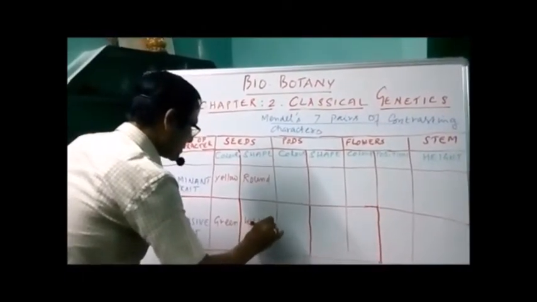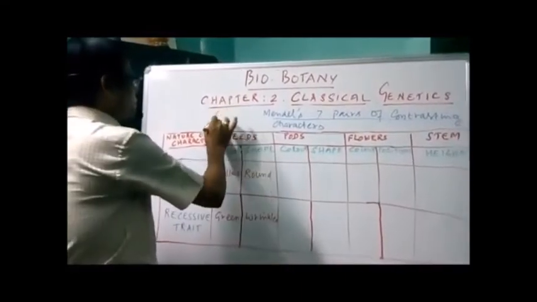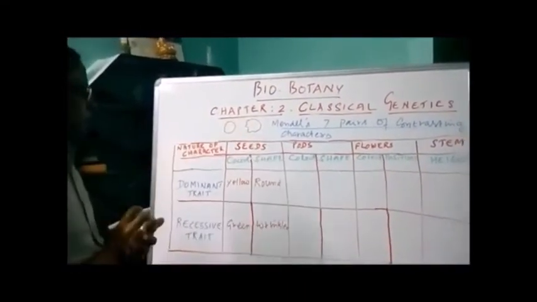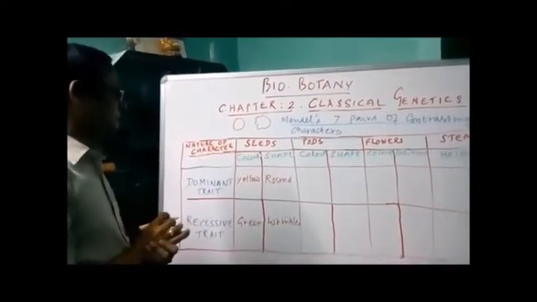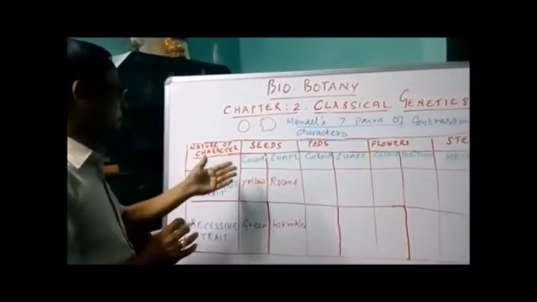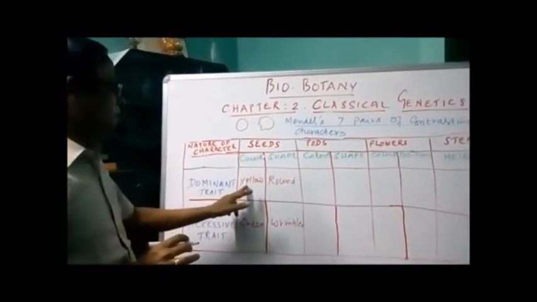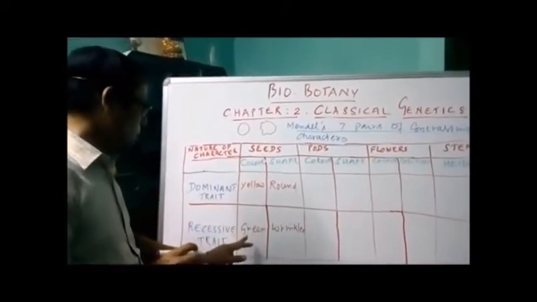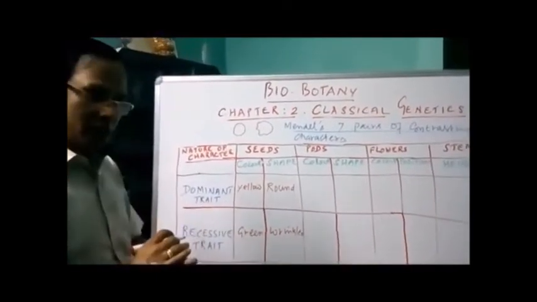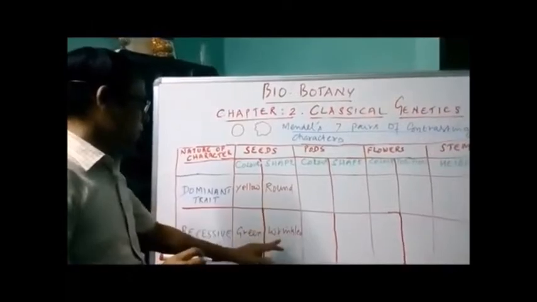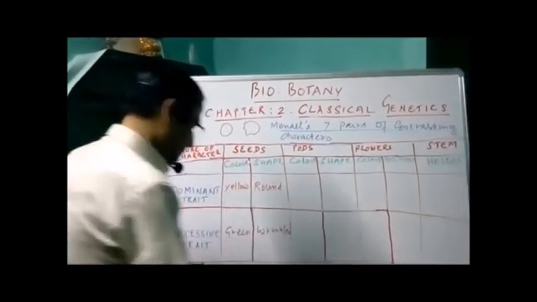These two are the contrasting characters. Round shape has a smooth surface, and this is a wrinkled one. So for the seeds there are 2 characters: one is the color of the seed, another one the shape of the seed. Under the color, the yellow color is dominant over the green color seeds. And about the shape, round shape is dominant over the wrinkled character.